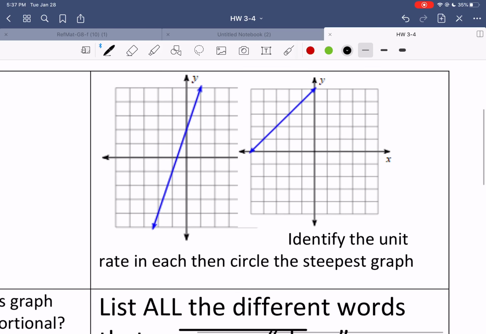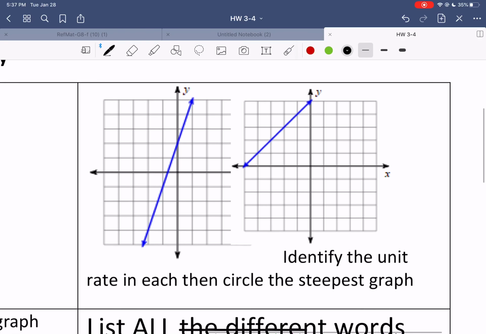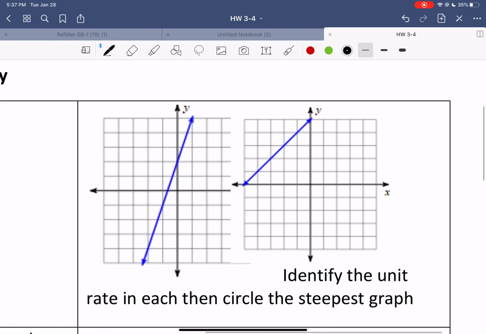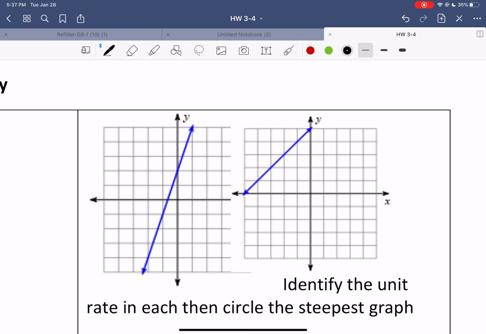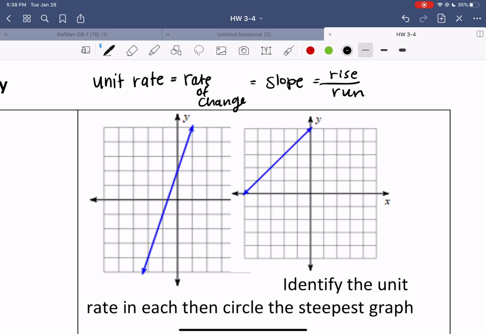All right. So identify the unit rate in each, then circle the steepest graph. Okay. So remember, unit rate equals rate of change, which equals slope, which equals rise over run. I think rise over run is the most common for graphs.